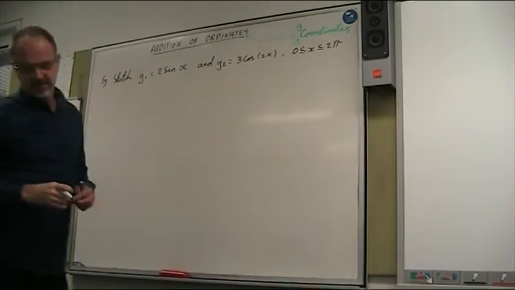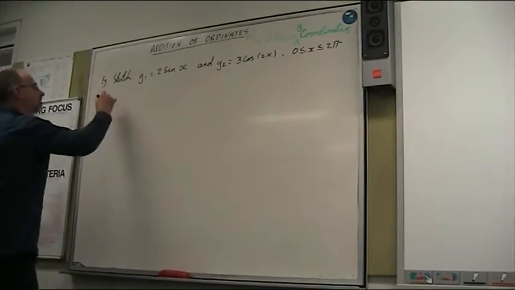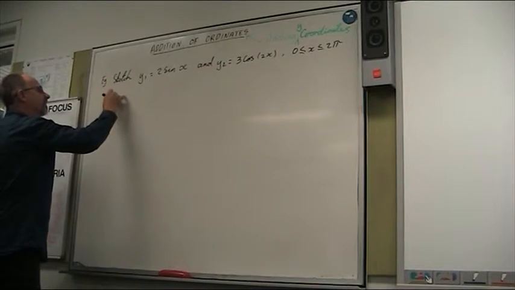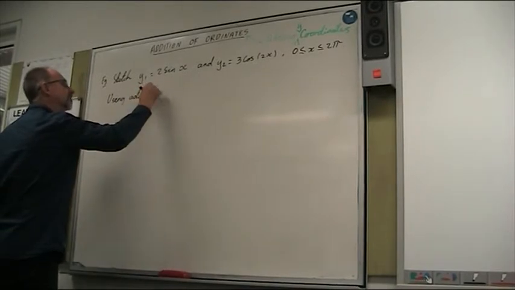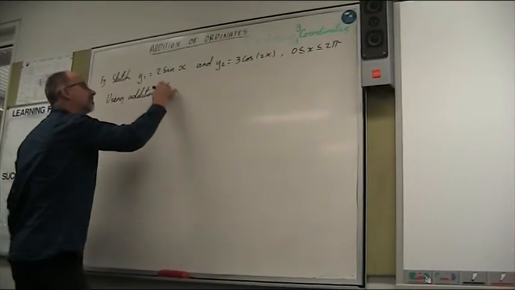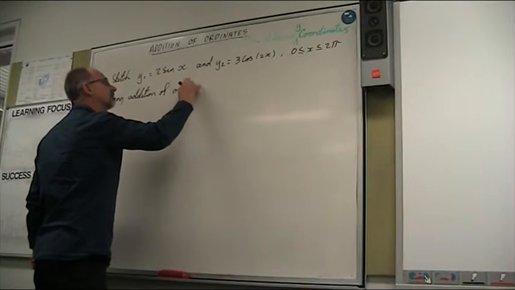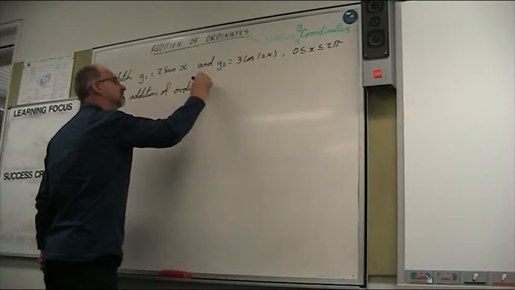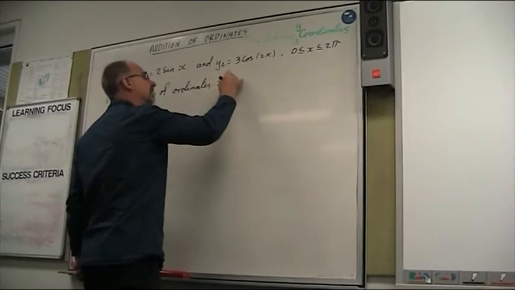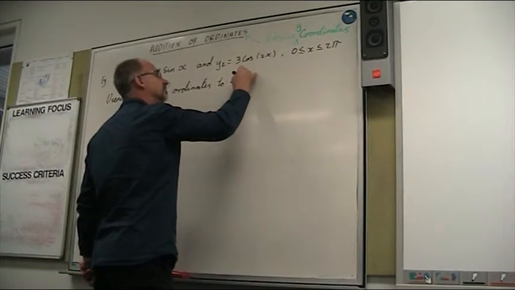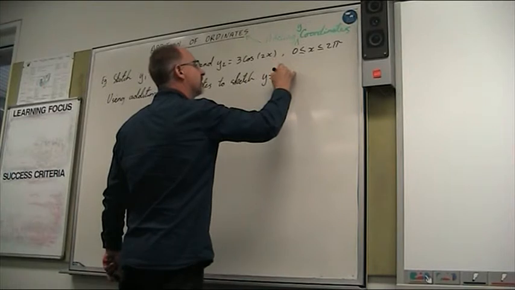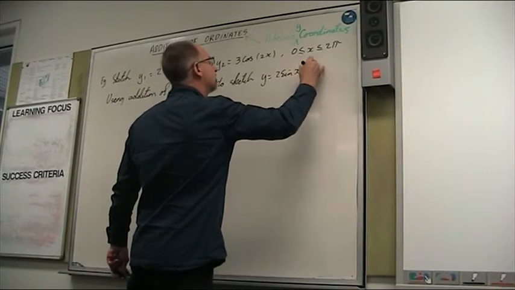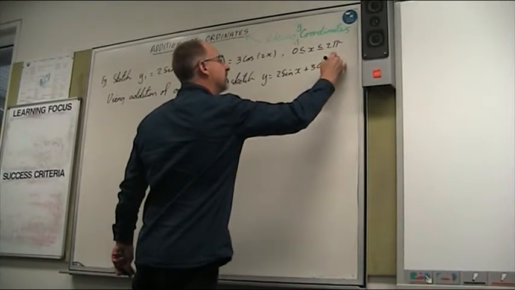And then from that, we're going to use addition of ordinates to sketch y equals 2 sin x plus 3 cos 2x.